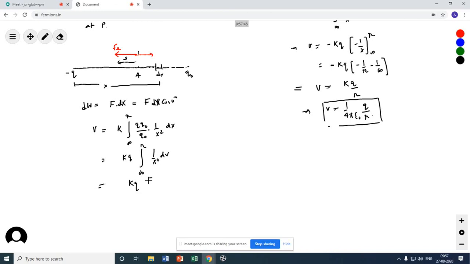That gives me KQ minus 1 by x, infinity to R. So that gives me KQ minus 1 by R minus 1 by infinity. So V is what? Minus KQ by R, which is nothing but 1 by 4 pi epsilon naught minus Q by R. So this is negative potential. So this is plus potential, this is negative potential.